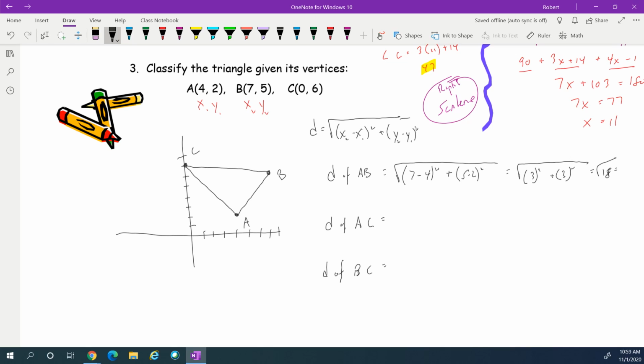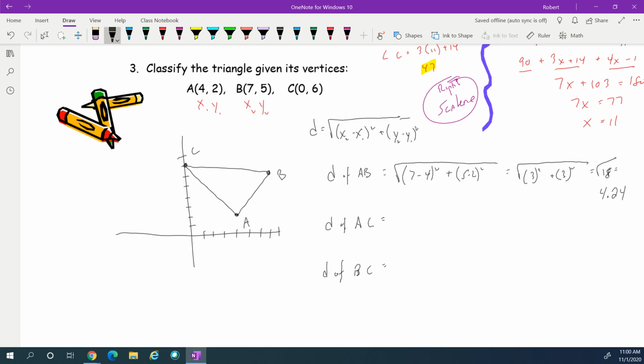And I can certainly grab a calculator and get the square root of 18. And I'm going to get 4.2 or 4.24. Now, it doesn't really matter. We're not being asked what is the length. What we need to do is compare the length to the other ones. Let me just make that a little bit neater, 4.24.